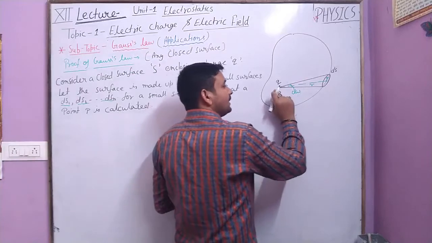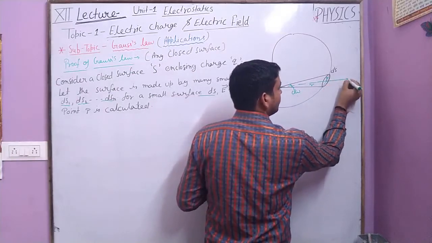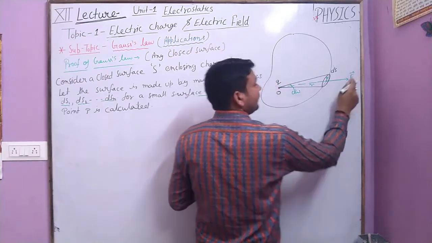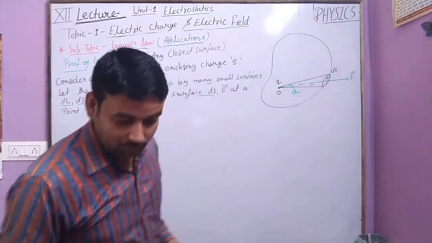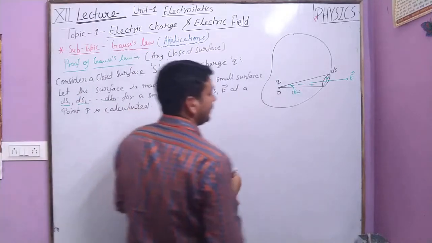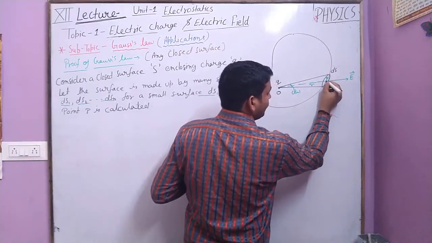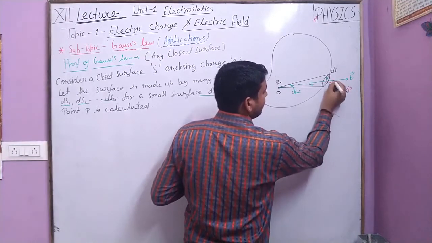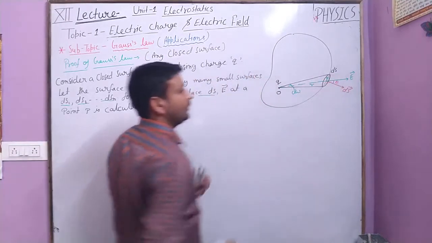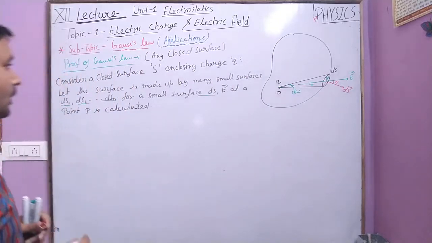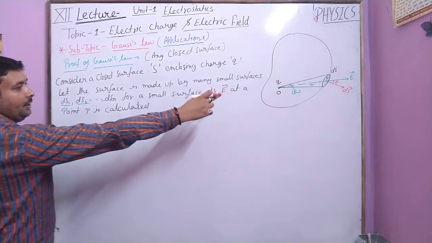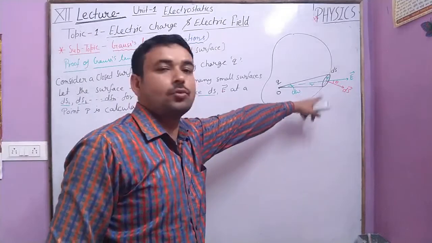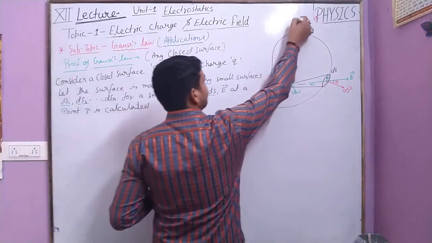So the electric field is moving radially outward in the particular direction. Therefore the area vector for this point is normal to the surface, vector ds, making an angle theta with the electric field. Clear? Therefore at this point P, for the small surface, you can calculate the electric flux through the surface. This is the total surface S.